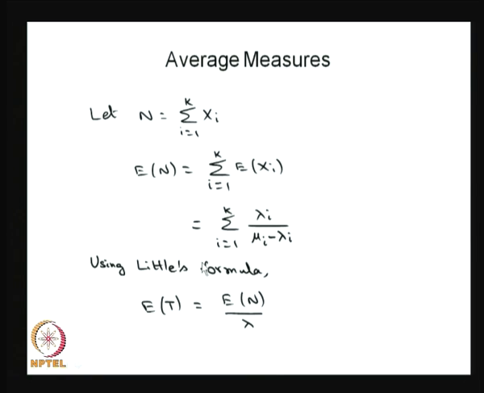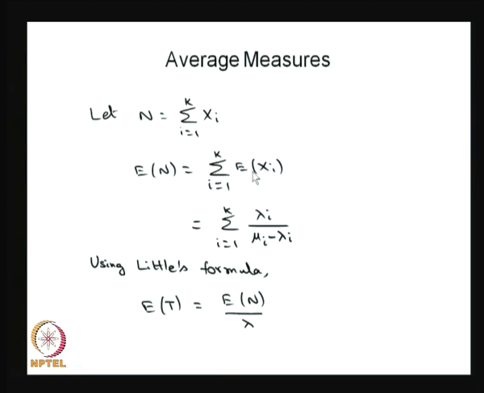So, once we know the distribution of the number of customers in each node for the k node tandem queuing network, you can find the total number of customers in the whole queuing network. That means you have to sum up the average number of customers in each node. If you sum it up, that will be the total number of customers in the whole queuing network.